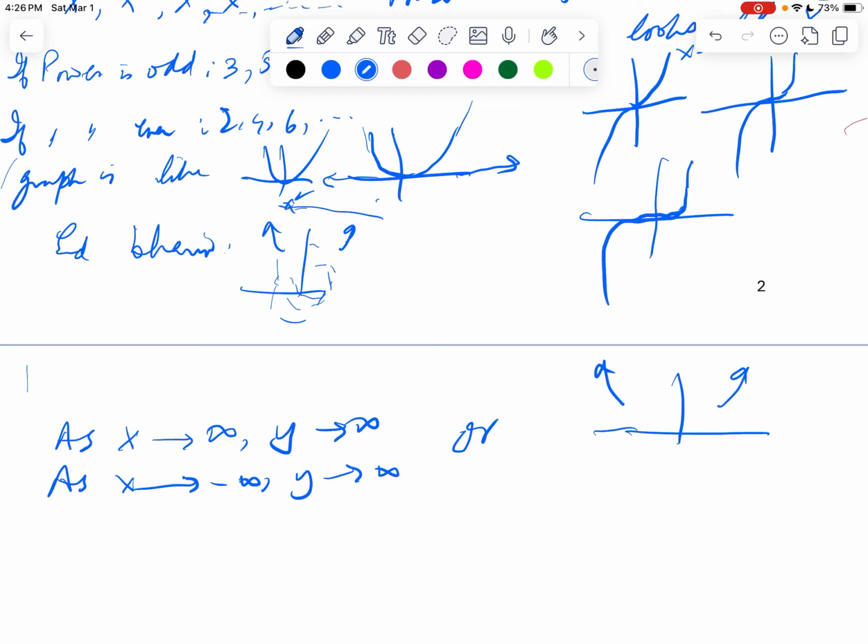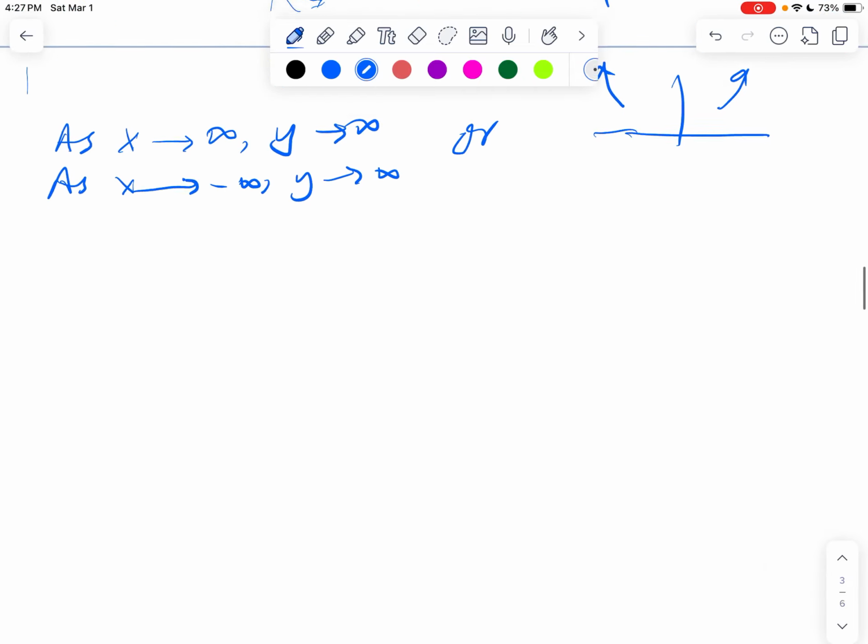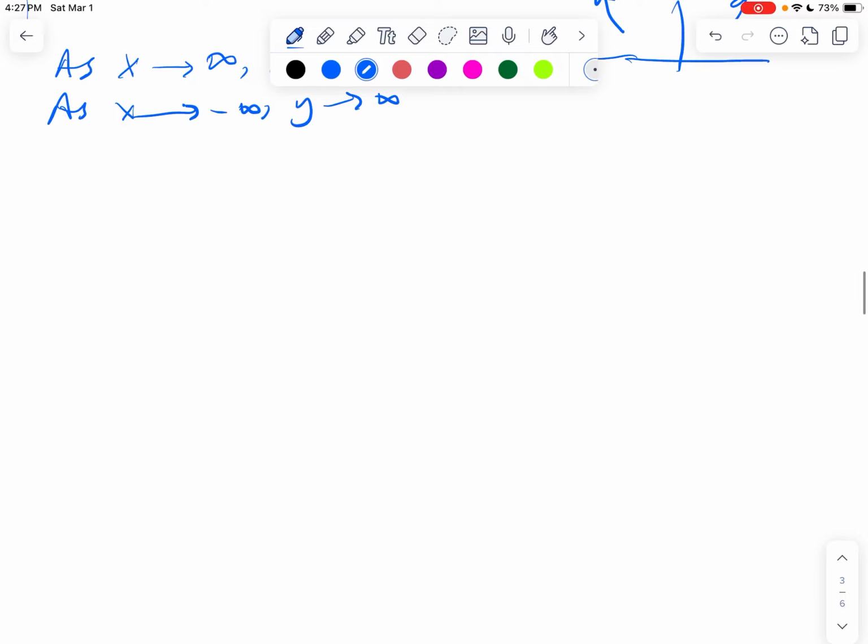Now we make our sign chart. Another thing that we will do is find the intercepts. So 4 things: zeros and their multiplicity, and behavior, and intercepts.